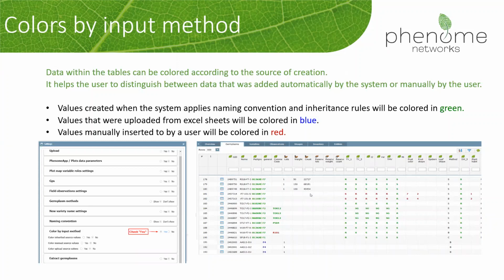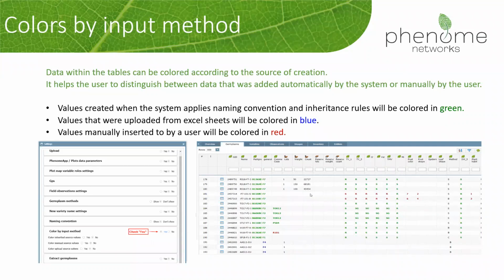Values that were created on selections and entered with our phenotype will be considered entered manually, so they will also be colored in red. We'll also see some columns that are black. Those are software columns. They will be the GID, name, method, cultivar, and field columns, colored in black.